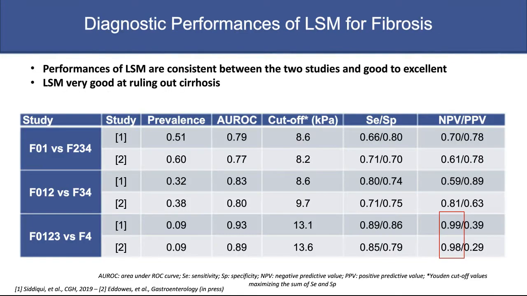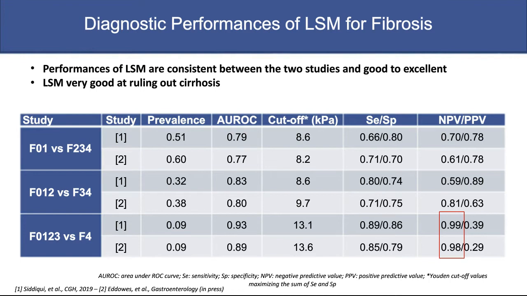Look at the liver stiffness measurement for fibrosis, and you're looking at these higher stages of fibrosis, especially cirrhosis. They're very, very good in ruling out cirrhosis, especially when you look at a range of maybe around 10 or more kilopascal.